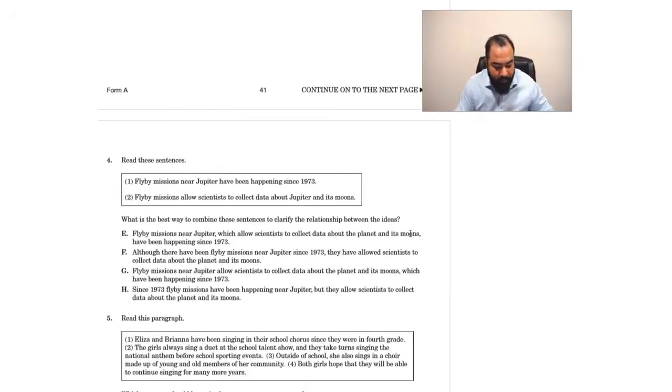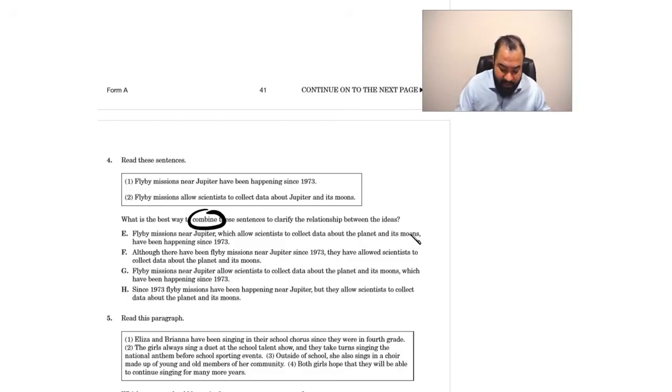Now, number 4, it says there are 2 sentences, 1 and 2, and asks what is the best way to combine these sentences. As I said, we have to give it a relationship like cause and effect, or make a comparison, or if we're doing an addition, just adding 2 different pieces of information, one to another.